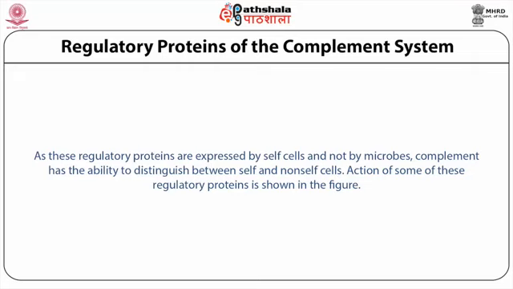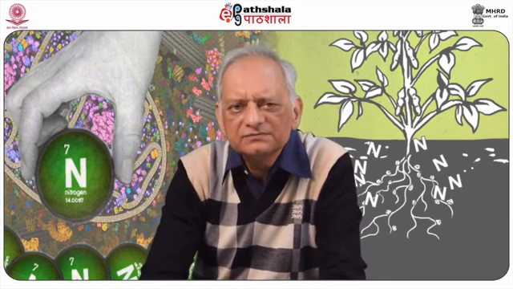Action of some of these regulatory proteins can be seen here. MCP, for example, promotes C3b and C4b inactivation. CD59 prevents binding of C5b, C6 and C7 complexes to host cells.